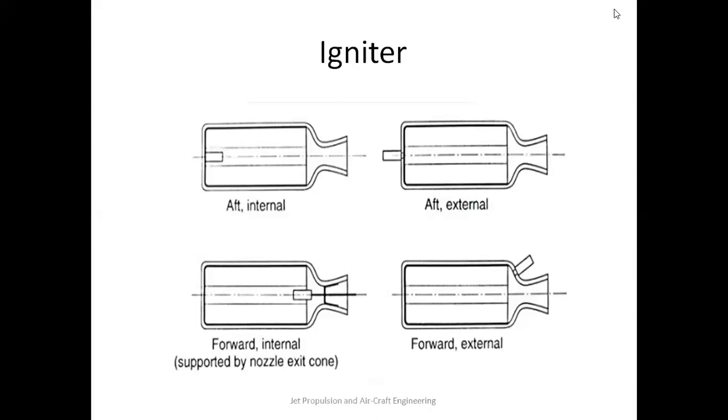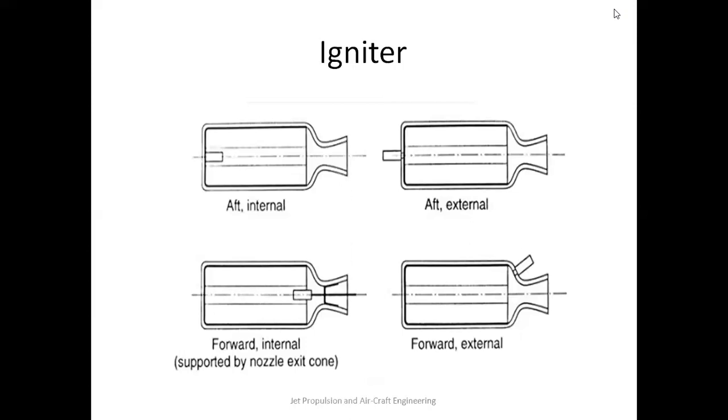The igniter can be placed at several alternative locations, and some of them I have mentioned here. You can see four different locations shown in this slide. In the first one, the igniter is placed aft internal, then in the second one aft external.